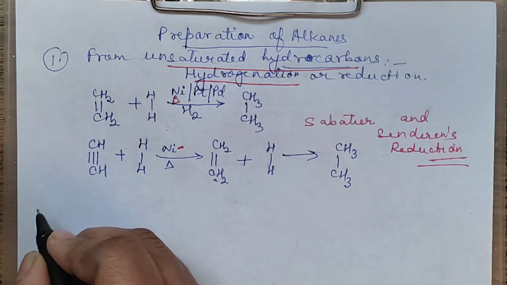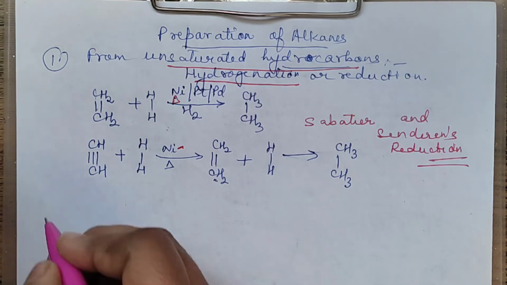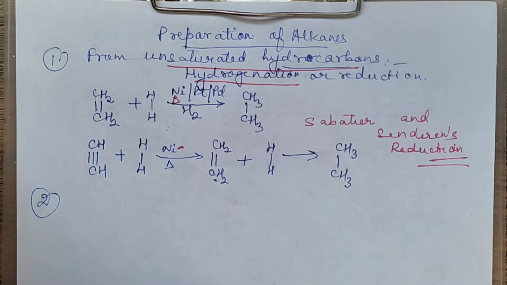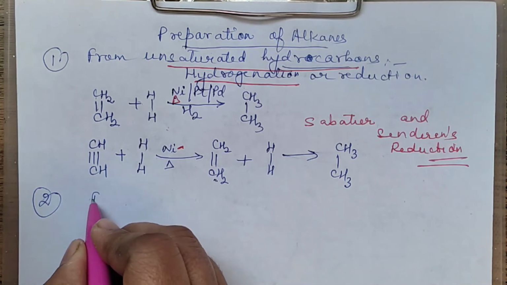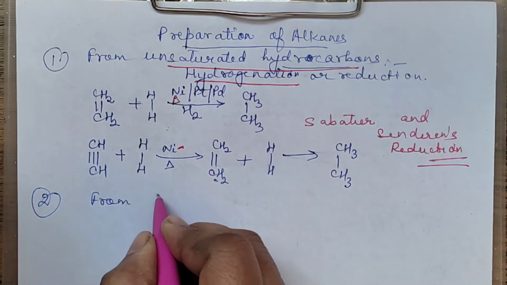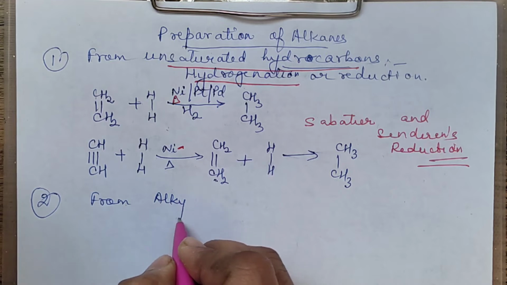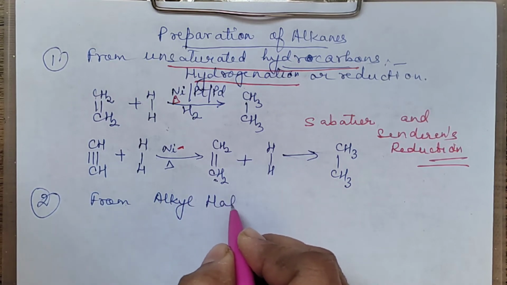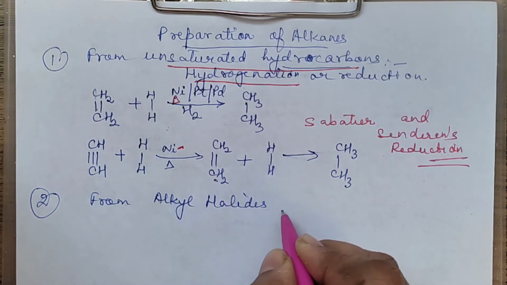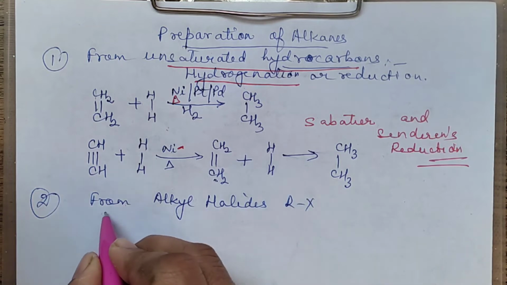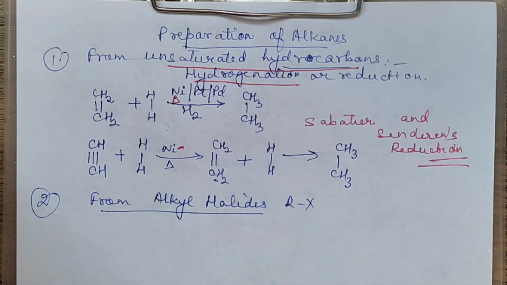Right? The second method to prepare alkane is from alkyl halides. From alkyl halides. Alkyl halides means RX. Right. Now in this there are two methods. One method is in which you retain the number of the carbon atom.